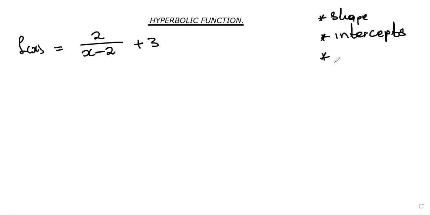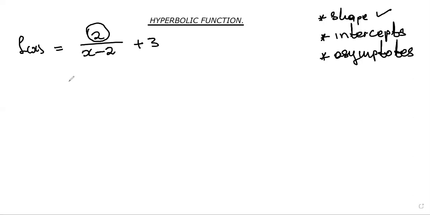And then we need to know the equations of the asymptotes. So here we can see the value of a is positive, meaning the first arm will be in the first quadrant. The second arm will be in the third quadrant. So we are done with the shape.